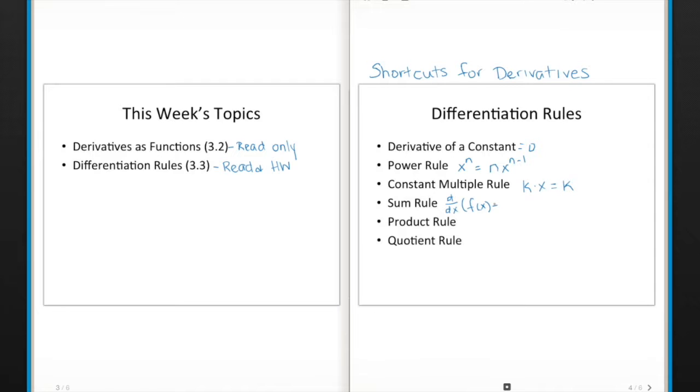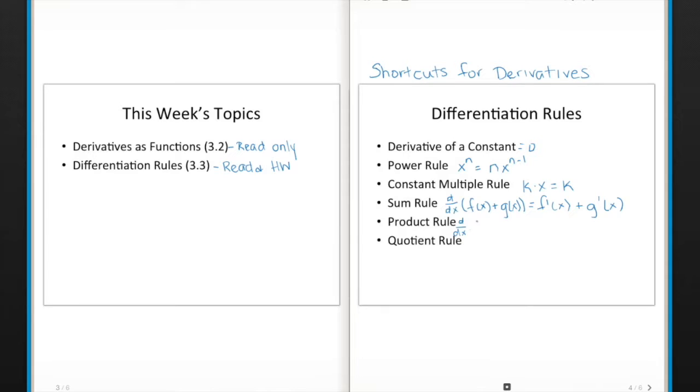And if you have the derivative of a constant times something else, it would be that constant times the derivative of your item. Then there's the sum rule, which says if you're taking the derivative of the sum of two functions, you could take the derivative of each function and then add them together.